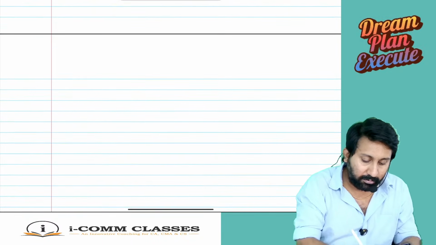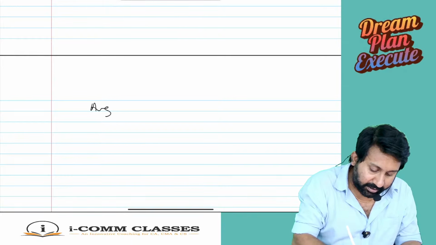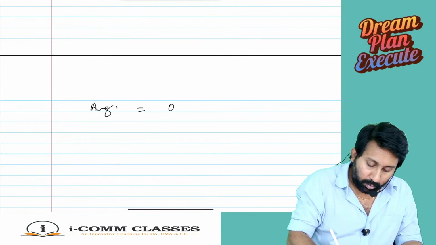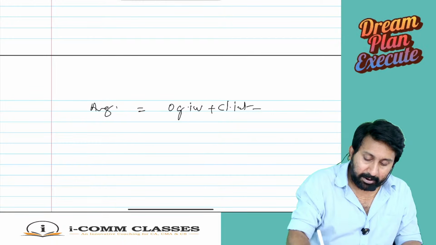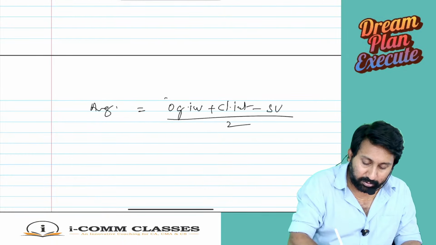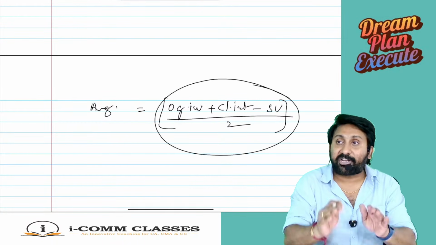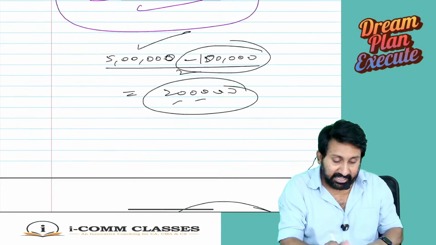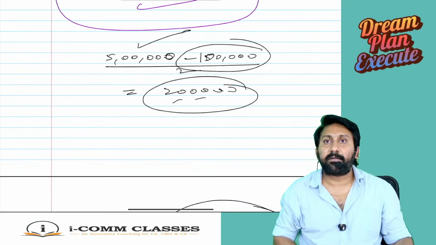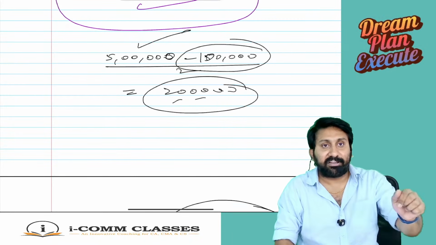So tell the formula now. What is the formula for average investment? Start. Original investment plus closing investment minus salvage value. This is the actual average. Answer. But in this example, what is our investment? What is the salvage?